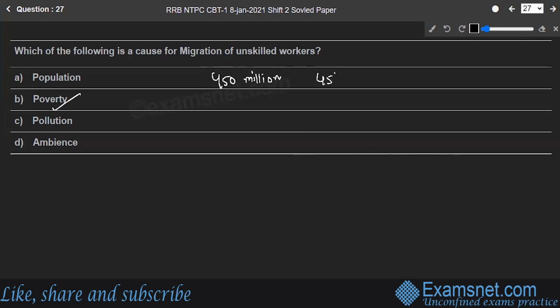an increase of 45% since the census of 2001. Uttar Pradesh, Bihar, MP, Madhya Pradesh, and Rajasthan are among the major states of migration in India.